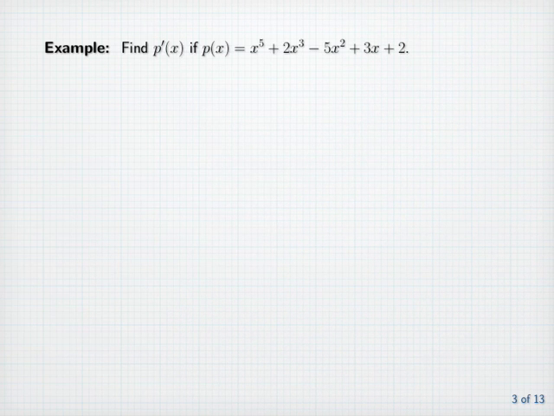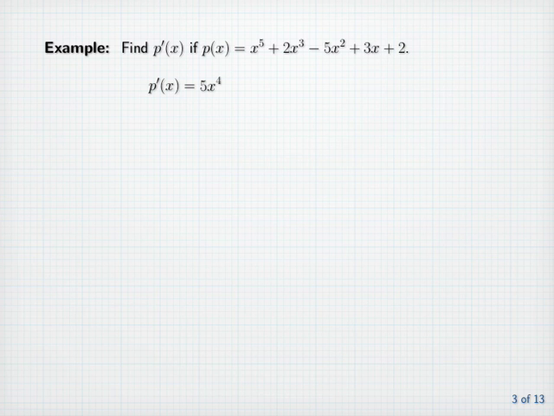Example. Let's find p prime of x if p of x is the polynomial x to the fifth plus 2x cubed minus 5x squared plus 3x plus 2. We'll find p prime by simply taking the derivative of p term by term. The derivative of x to the fifth is 5x to the fourth.